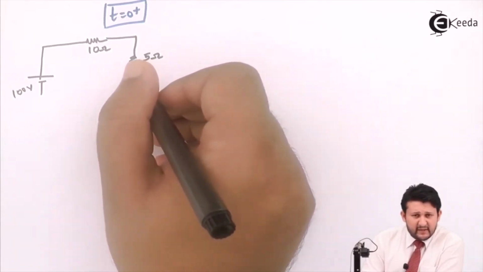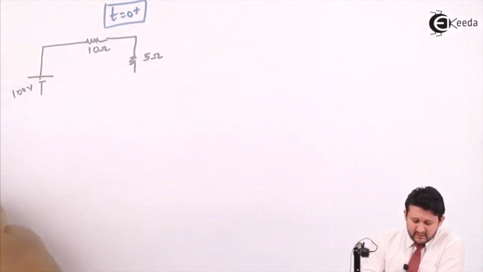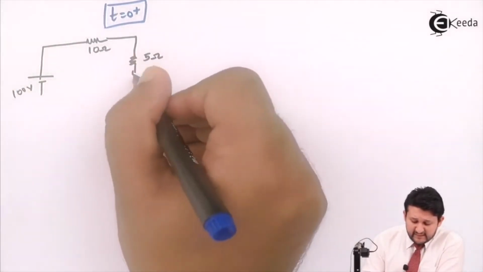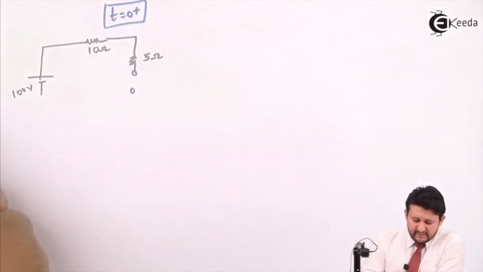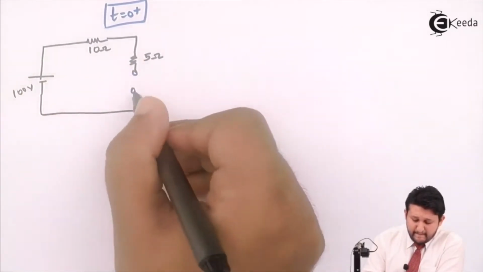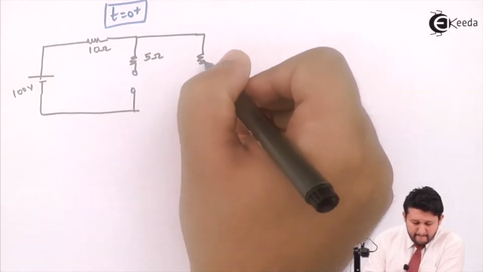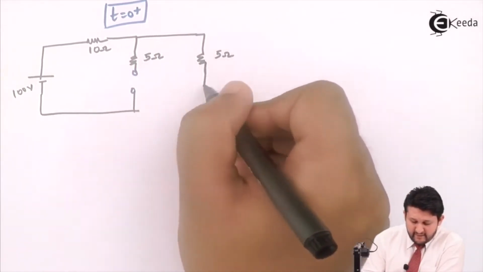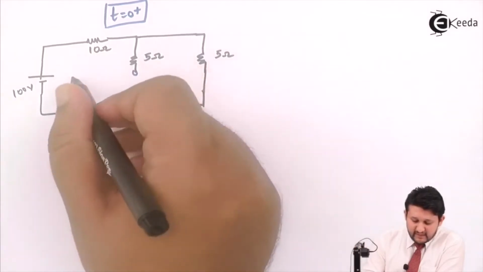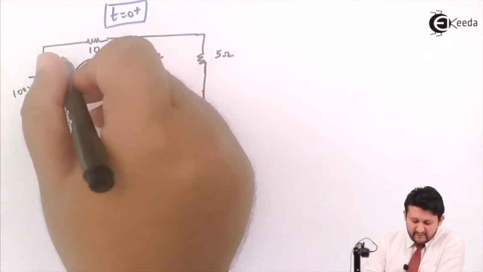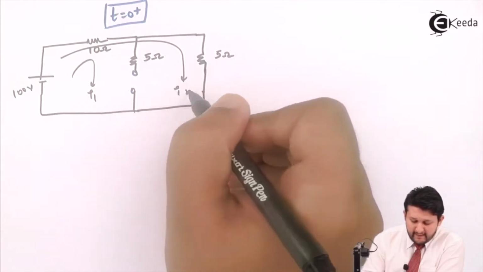Since it was an initial condition, no current was flowing before. So your circuit will behave as an open circuit. Again you have a resistance of 5 ohms. So now find the current I1 and I2.